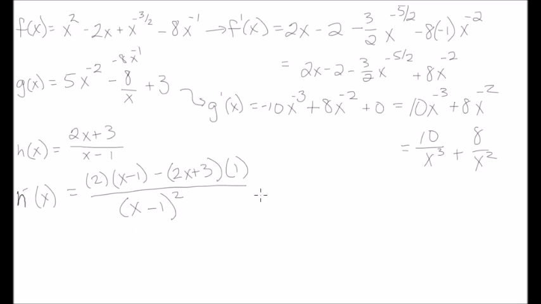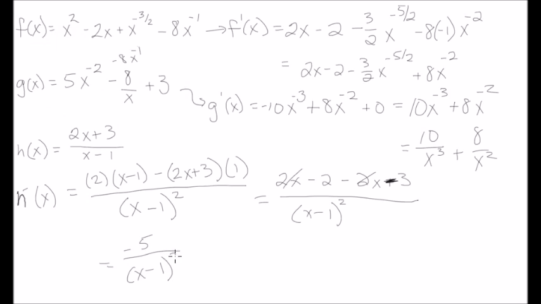So I can multiply everything out here. I get 2x minus 2 minus 2x plus 3 over x minus 1 squared. My 2 x's cancel out. Sorry, that should have been a negative 3, not a positive 3, because the negative sign distributed. I get that the numerator is negative 5 and the denominator is x minus 1 squared.